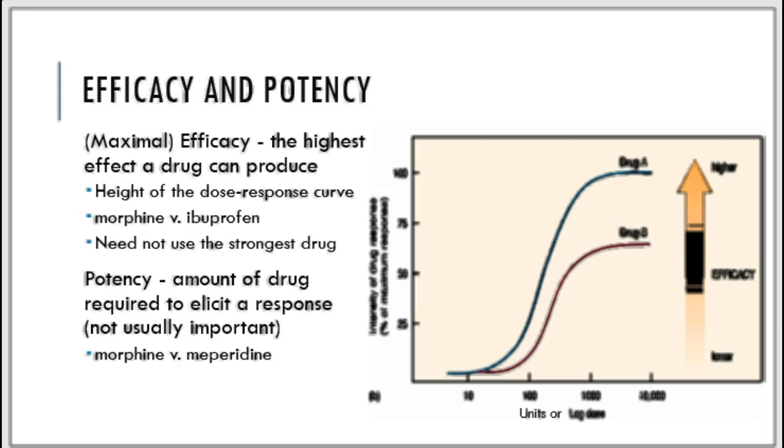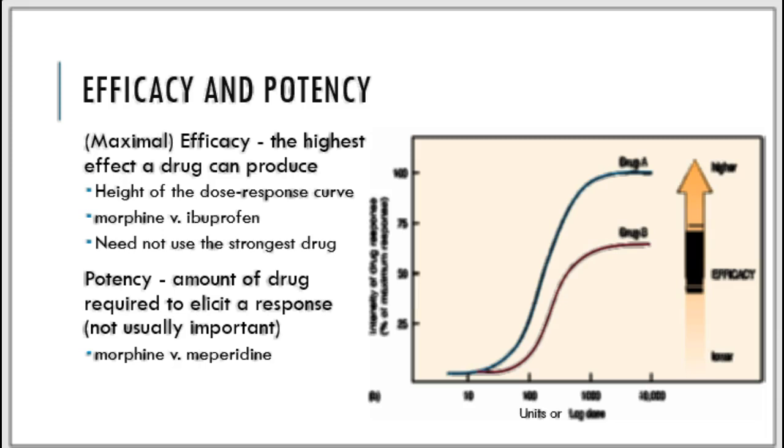An example again is morphine versus meperidine, or Demerol, which you probably won't see used much, but both have a similar efficacy as an opioid for treating moderate to severe pain. If you give 10 milligrams of morphine IM, to get that same pain relief with Demerol would require 75 milligrams. So for 100% max response or pain relief, there's less morphine given, only 10 milligrams, because it's a more potent drug.